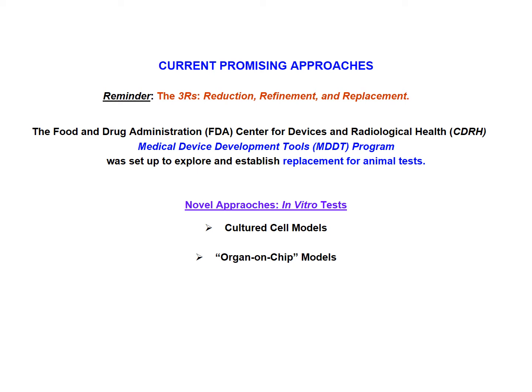Another very promising new technique is the so-called organ-on-chip models, which put together laboratory in vitro systems that are very sophisticated and work in such a way that they can expose samples of novel materials not only to one type of cell or to one type of fluid or condition which reflects the human body, but to many types of cells and different body fluids, and find out whether those conditions will promote biocompatibility results and what are the other requirements to bring about the formation of new tissue under those circumstances.